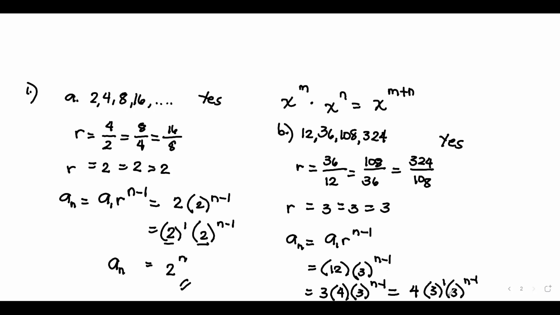So these two have the same base now. So when we simplify it, we will have 4 multiplied by 3 raised to n. Okay, so again, we will have a sub n equals 4 multiplied by 3 raised to n. That is the formula.